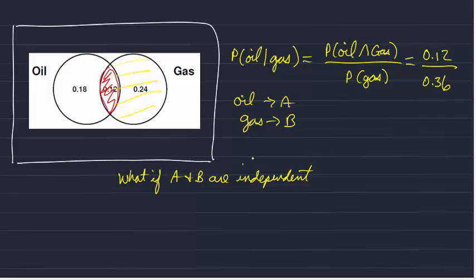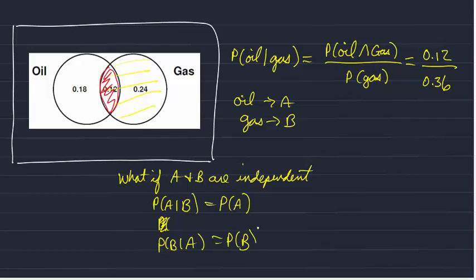That must mean that the probability of A given B is just the probability of A. The existence of A does not depend on B, so the probability of A given B is the same as the probability of A, and likewise the probability of B given A is simply the probability of B. And the probability of A and B is simply the product of the probability of A and the probability of B. You can derive this following the previous equations that we used.